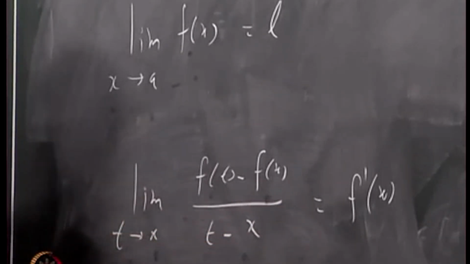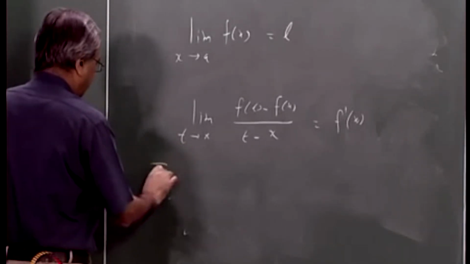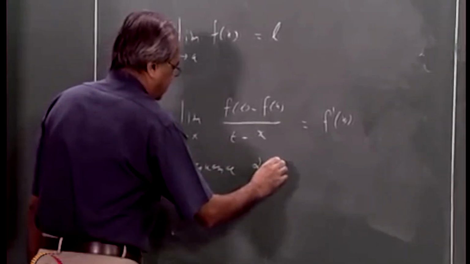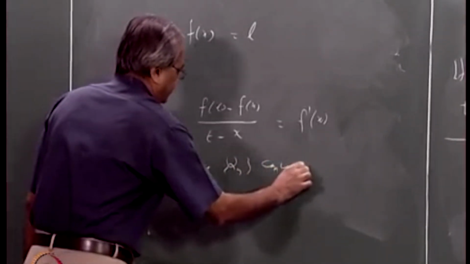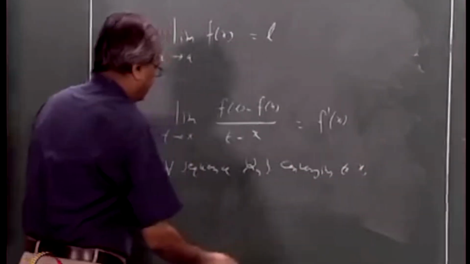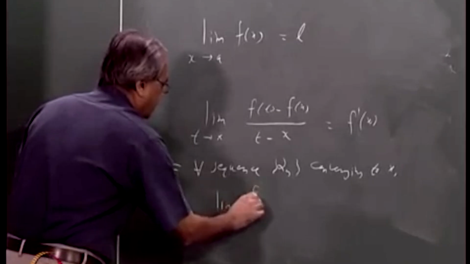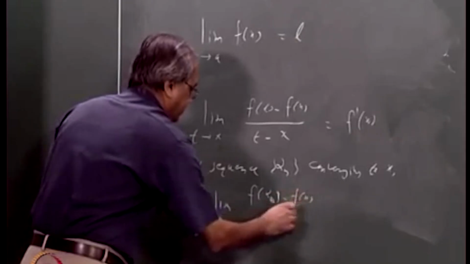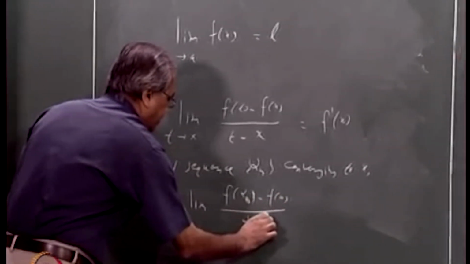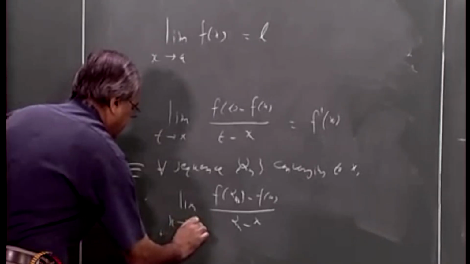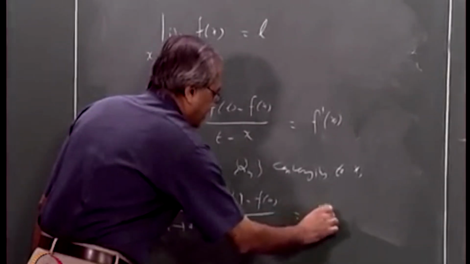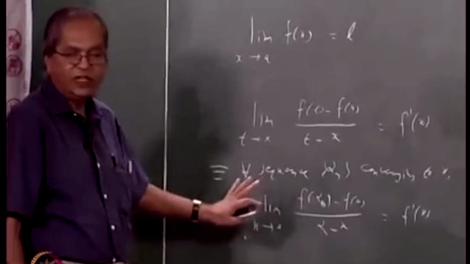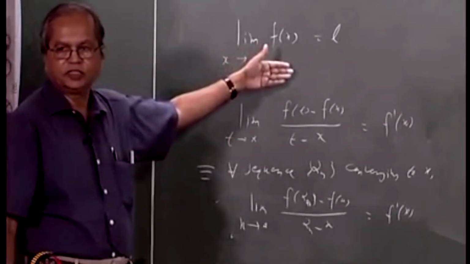So this is equivalent to saying that for every sequence alpha n converging to x, this limit should exist and be the same as f prime x.